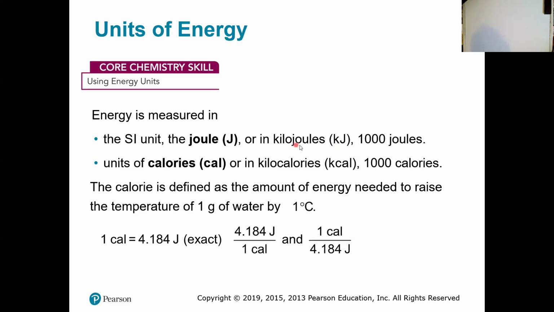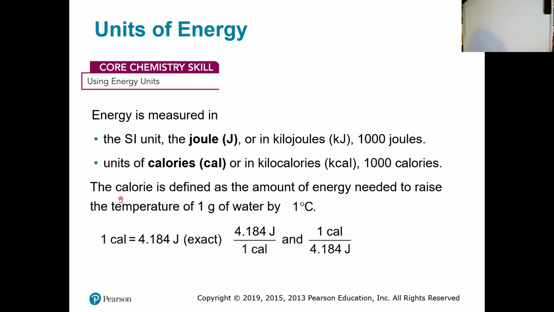So 1 kilojoule is equal to 1,000 joules. The calorie is just another way to represent energy. If we put a metric prefix in front of calorie, that gives us a kilocalorie, and 1 kilocalorie is equal to 1,000 calories.